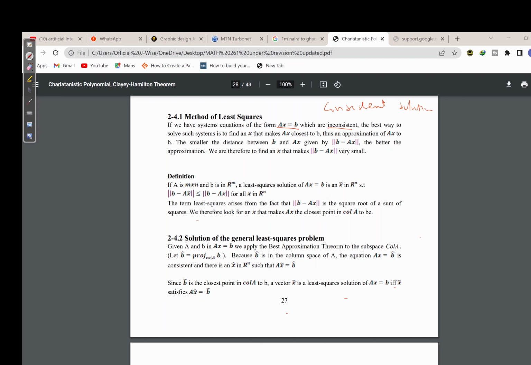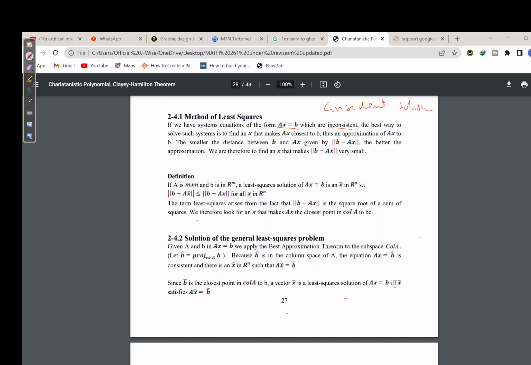In other words, the coefficient matrix has a determinant of 0, or the columns or rows of A are linearly dependent. Take note of that.